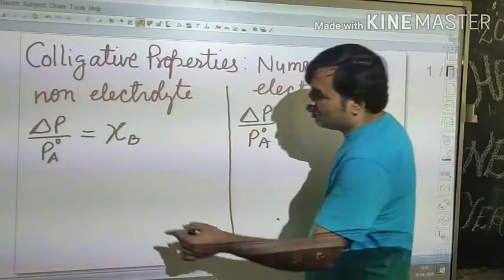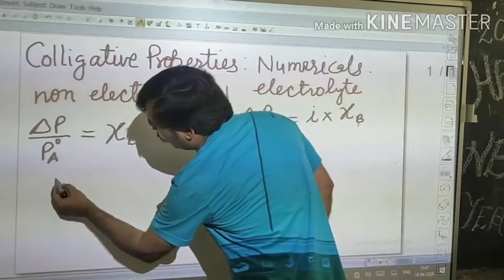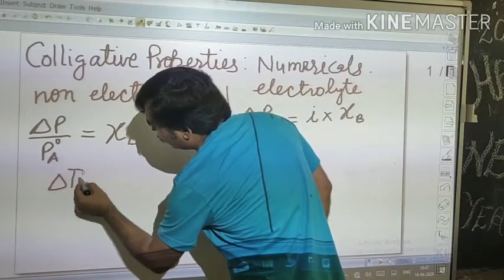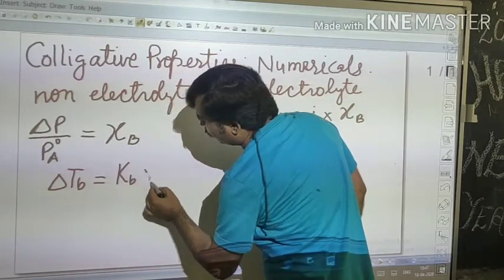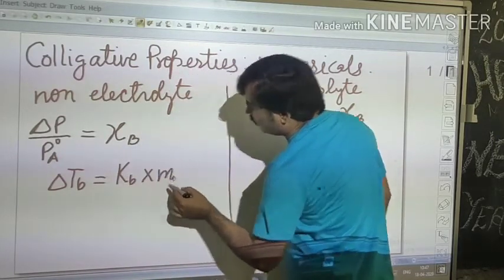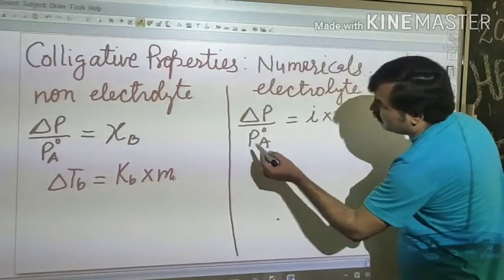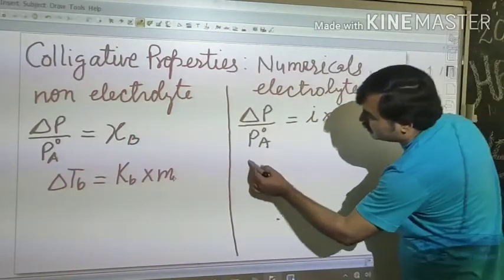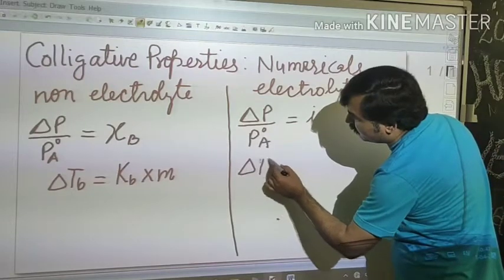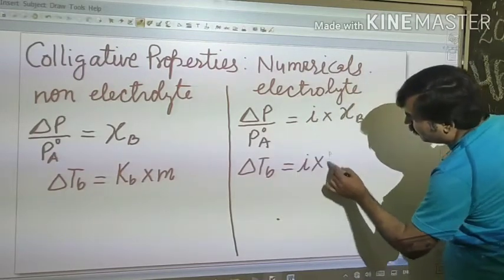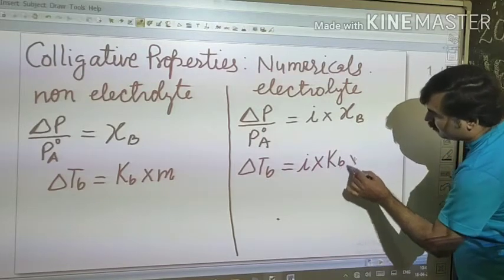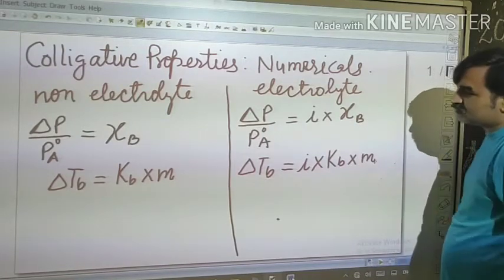Similarly, for elevation of boiling point, delta Tb is given by Kb into molality, where m is molality. If the solute is an electrolyte, then delta Tb is equal to the van 't Hoff factor i into Kb into molality.